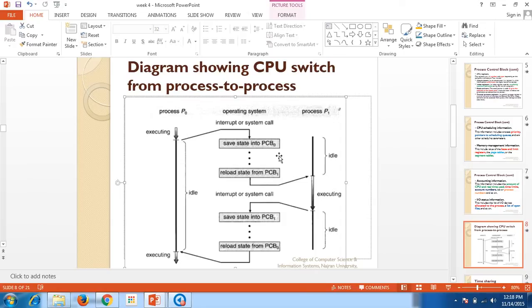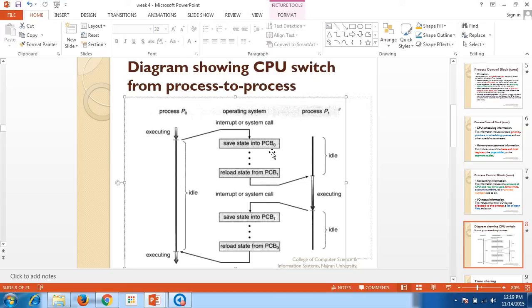Here if you see PCB 0, it means the state we have saved in process control block 0. This 0 is just to differentiate between different processes, because for each process we have its own process control block. This process control block is used to represent the process in the operating system.